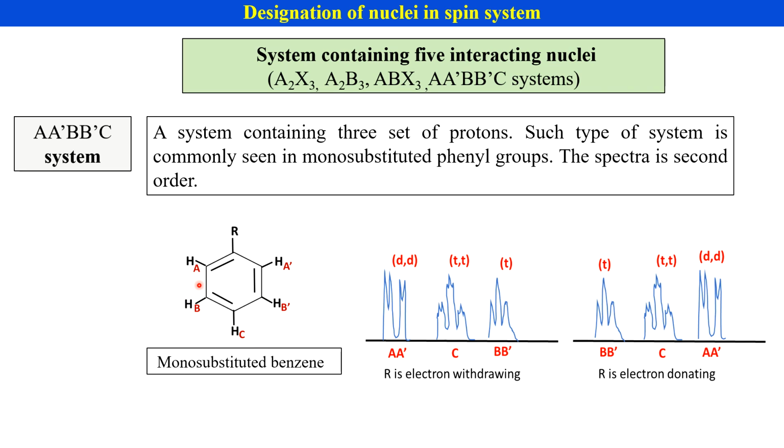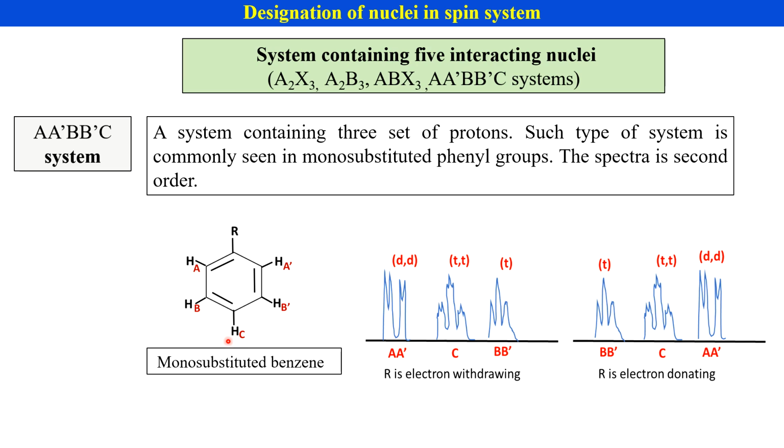For example, this is the mono-substituted benzene. There are three sets of protons, Ha, Hb and Hc, but Ha and Ha' are chemically equivalent but magnetically non-equivalent. Similarly, BB' also chemically equivalent but magnetically non-equivalent, as their coupling constants are different. And in that case, AA' gives the double doublet. For B type of proton, we get the triplet, and for C type of proton, it gives a triplet of triplets.